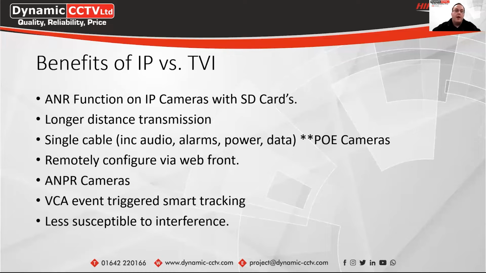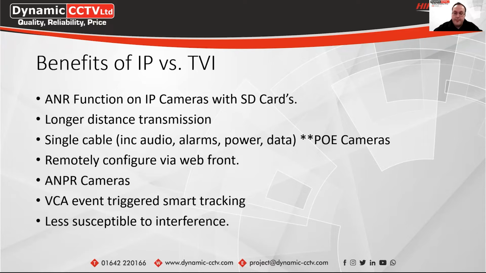With IP as well, you also get the ability to use just a single cable, predominantly on PoE cameras, with a camera that supports audio, input and output, alarms, input and output as well. Some cameras actually do have the ability to have a 12-volt power output from the camera if you want to power a low power device, such as a physical detector, and also the data, all down one single Cat5 cable.